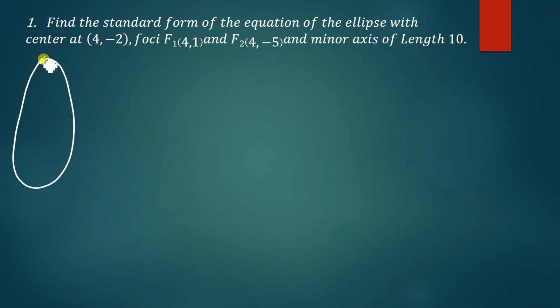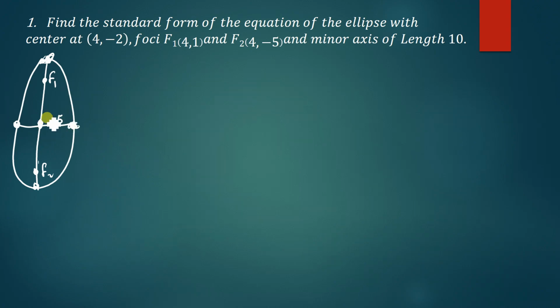Now if we have something like this, this is our center, these are the vertices, then we have the first focus there, F1, then the second focus there, F2. We've been given that the length from this point to that point is 10, meaning from the center to that point we have 5.